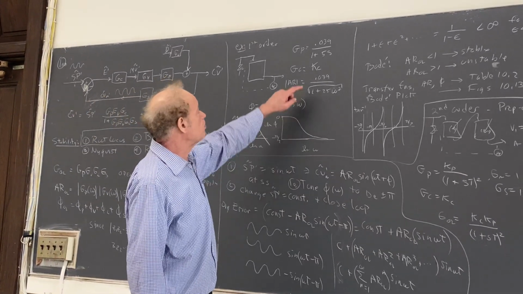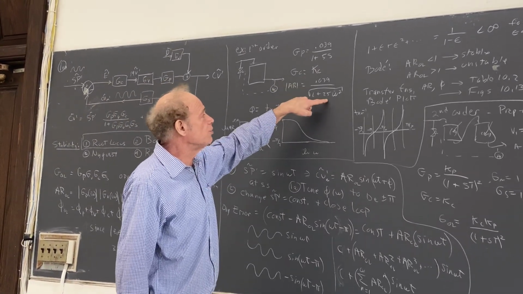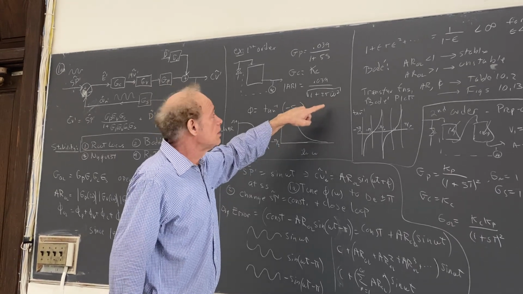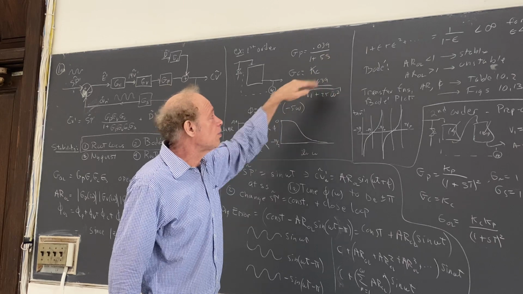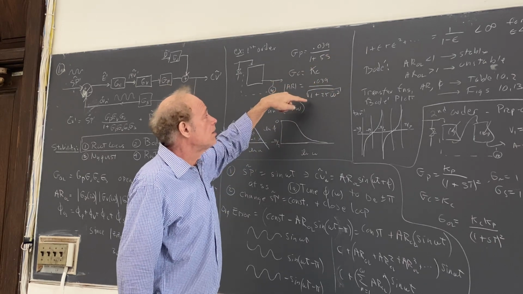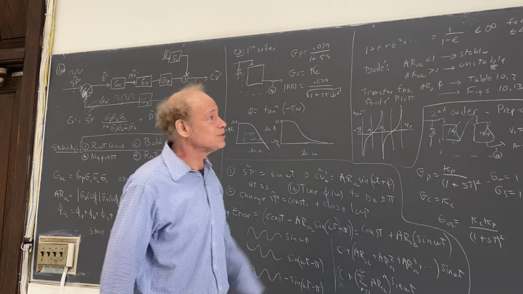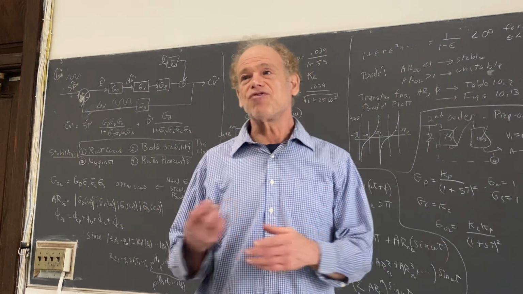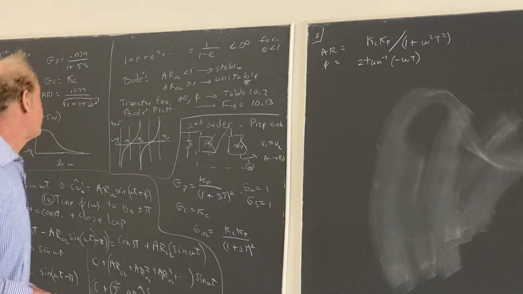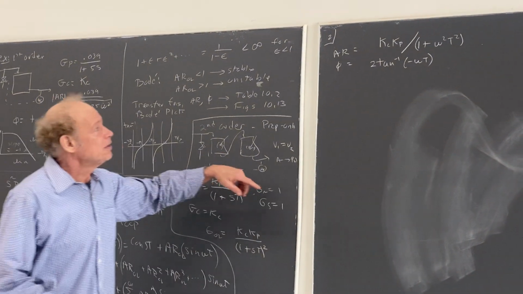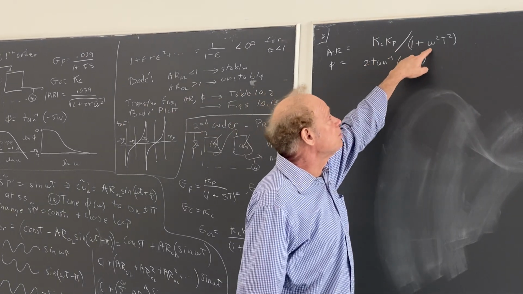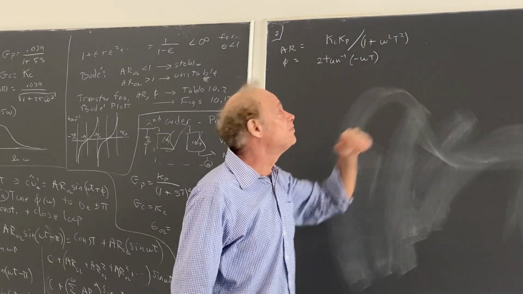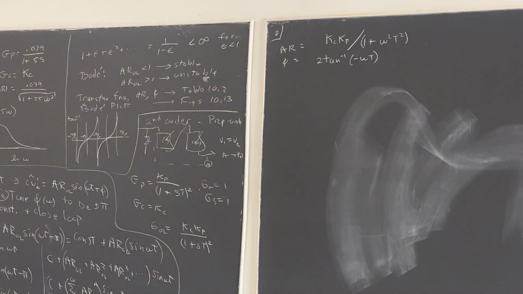So I take the amplitude ratio, which is 1 over the square root of 1 plus omega squared tau squared, and I multiply it by itself, so I get just the constant squared over 1 plus omega squared tau squared, because it's the square root squared. If I had different tau's, if I had different volumes here, then it would be the square root of 1 plus omega squared tau 1 squared times the square root of 1 plus omega squared tau 2 squared. And the phase angles, they add.